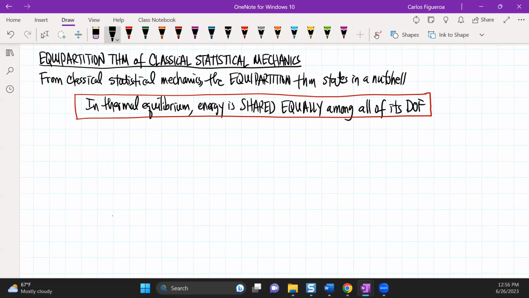Now, ideal gases do not deal with potential functions. They deal with K micro.